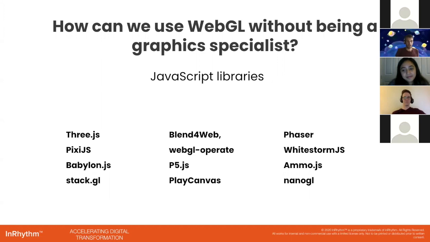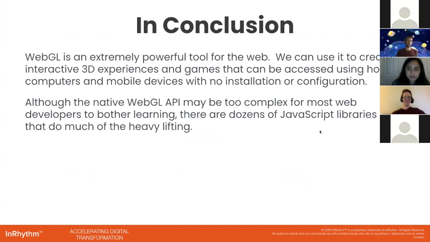So, okay, I think that was pretty much my experience. Just to sum it up, WebGL is a really powerful tool for making 3D renderings on the web. You can make them really interactive, and we saw some of those links in the chat earlier.